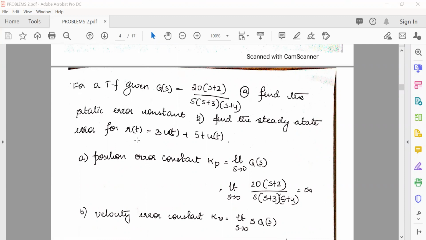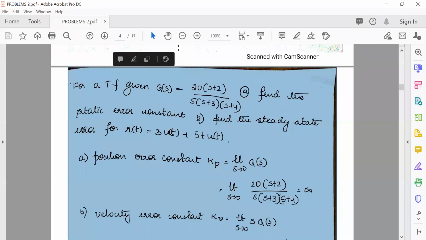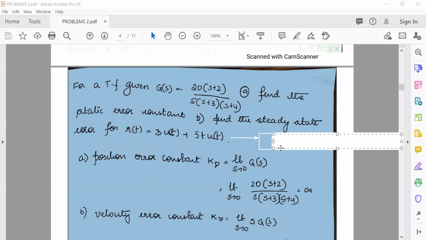Okay, r of t. Here again, as I was telling you, r of t is just, see, if you see here, how do we write the block diagram? We have the block, and again we have the output from this block. This block is going to be G of s, isn't it?